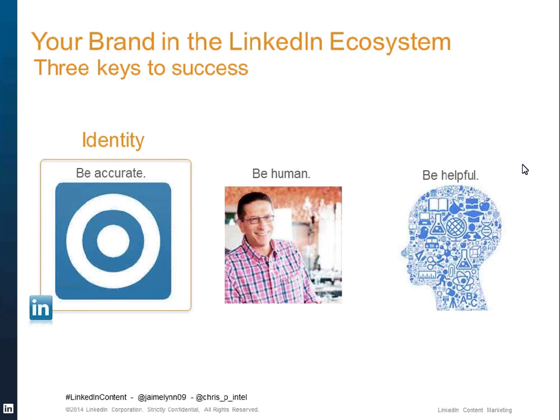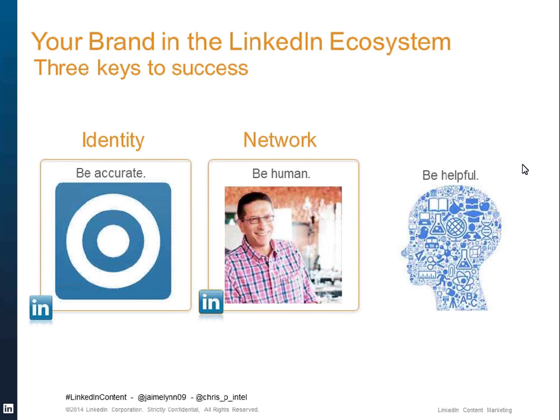The second is network, helping people grow their network in order to enrich their careers. But beyond that, we are a social network, and while we are a professional network, we are still a social network. And the best piece of advice that I can give a marketer in order to really truly engage an audience and start a conversation and break through the clutter is to be human.